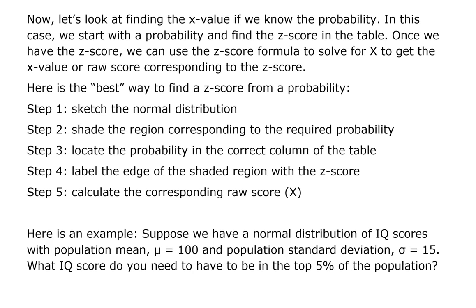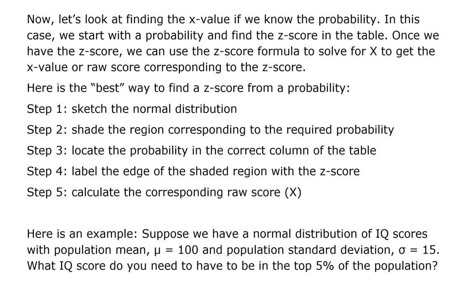Now let's look at finding the x value if we know the probability. In this case, we start with the probability and find the z-score in the table. Once we have the z-score, we can use the z-score formula to solve for x to get the x value or raw score corresponding to that z-score. So here's the best way to find a z-score from a probability.